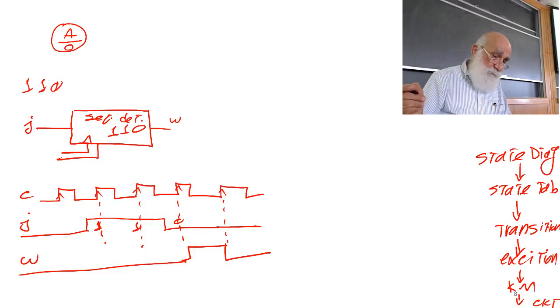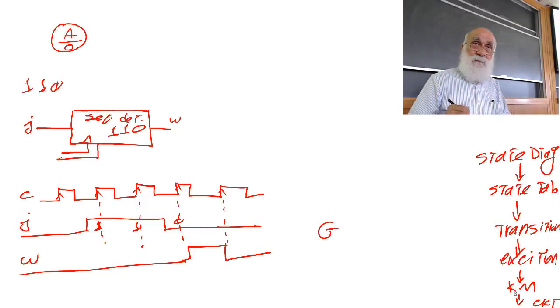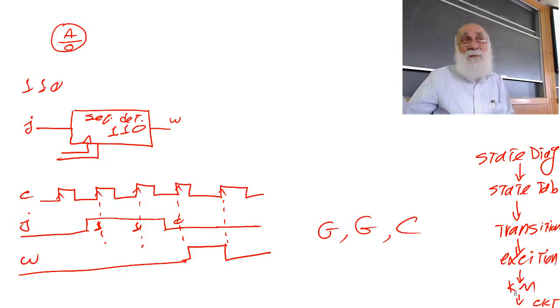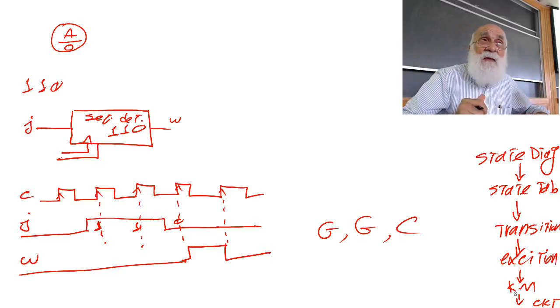Okay? And you're told that there is a gas station, followed by another gas station, and followed by a convenient market. Okay? 7-Eleven or something.